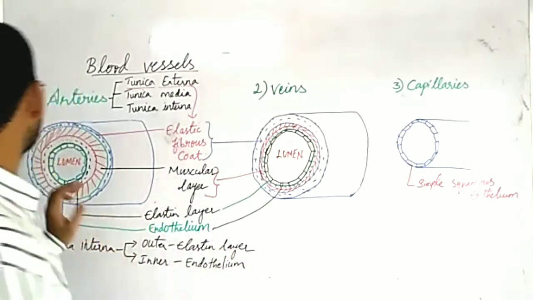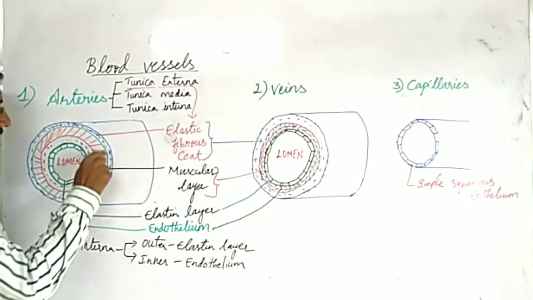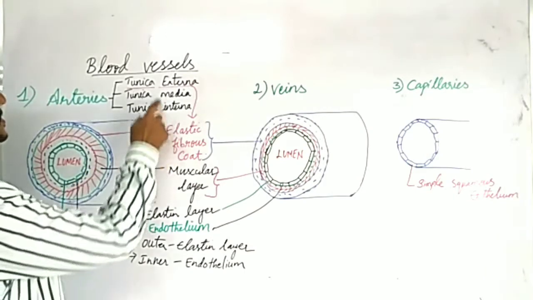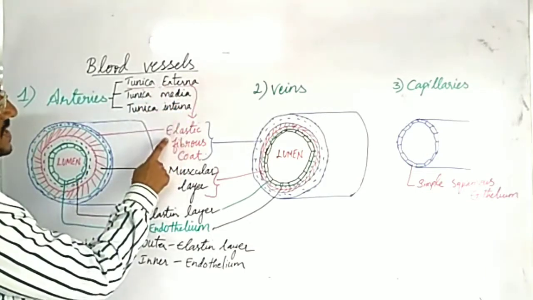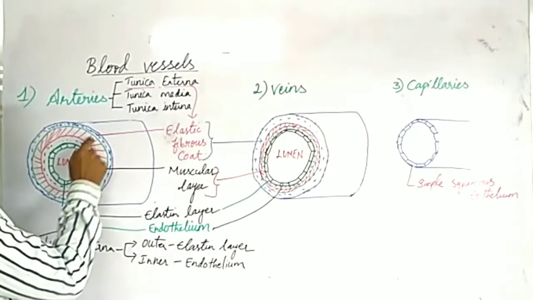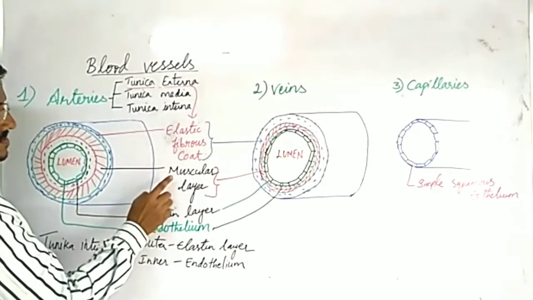Now this structure is tunica externa, which is made up of elastin fibrous coat. Then this layer is tunica media, a muscular layer.